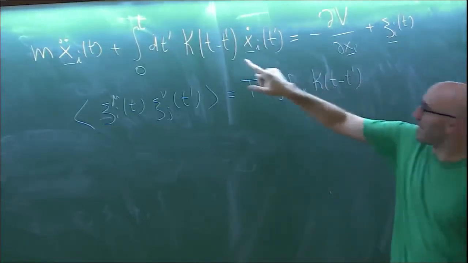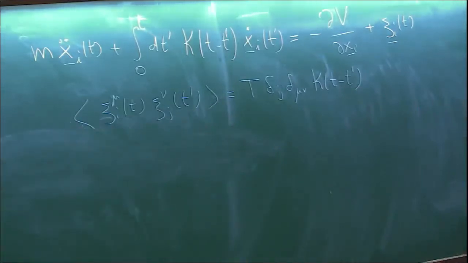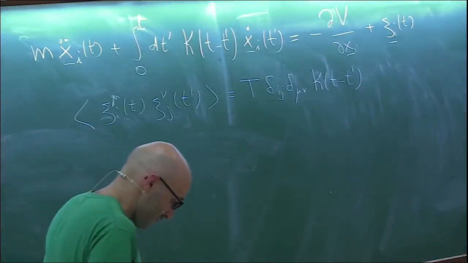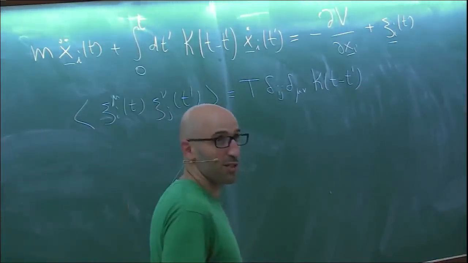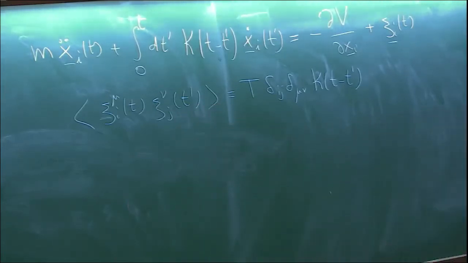If I have the same kernel here and here, then this equation will preserve the equilibrium, which is related to the fluctuation-dissipation relation, I hope. If you have questions on this, maybe we can organize a tutorial or something, but I don't have time now to discuss the details. This is the starting point.